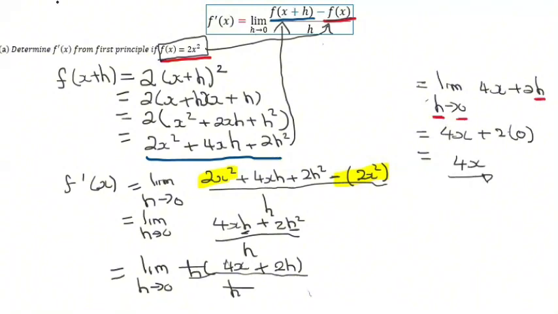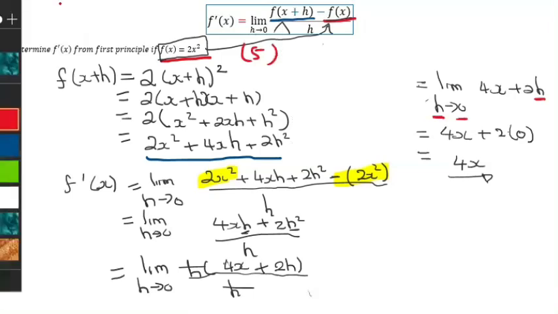So once you've found this answer, you've actually found the first derivative from the first principle, and you're going to get all your marks. So let me just show you how they give you marks. Usually this question is around 5 marks. This is how they're going to give you marks.